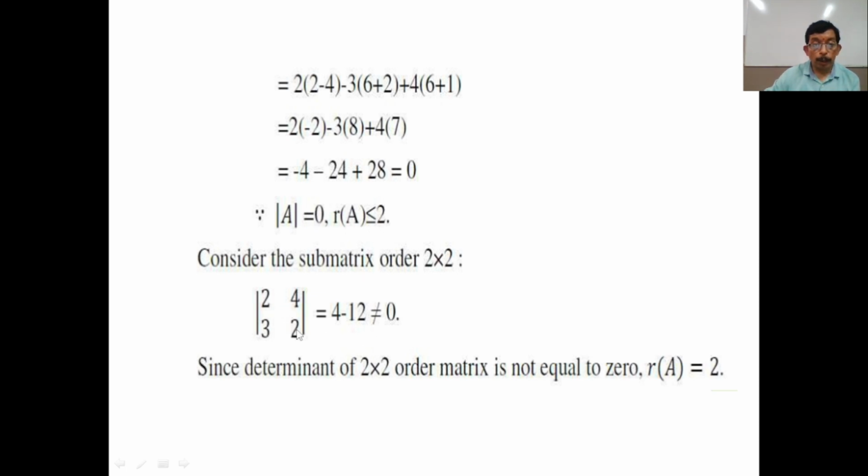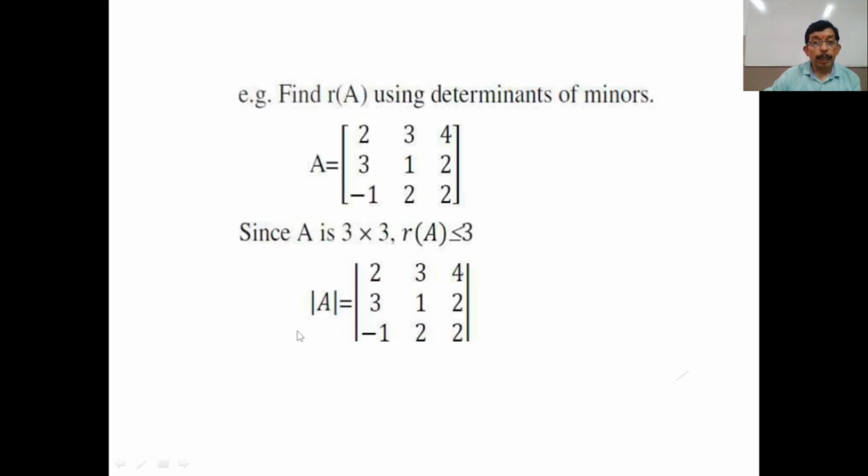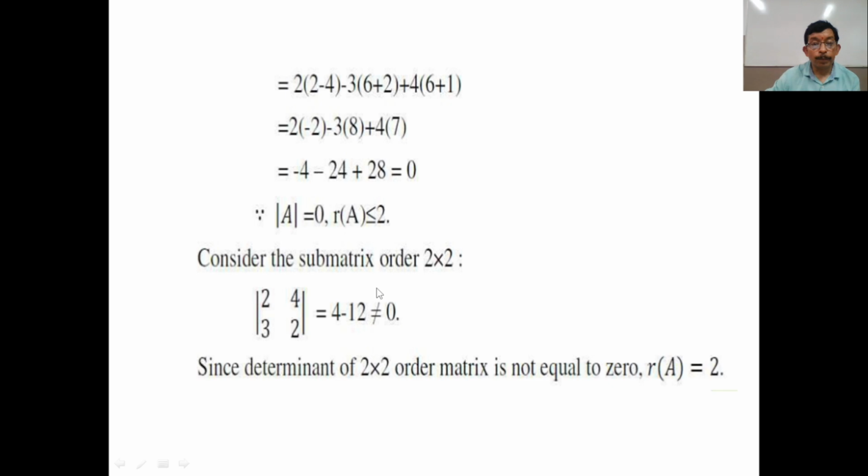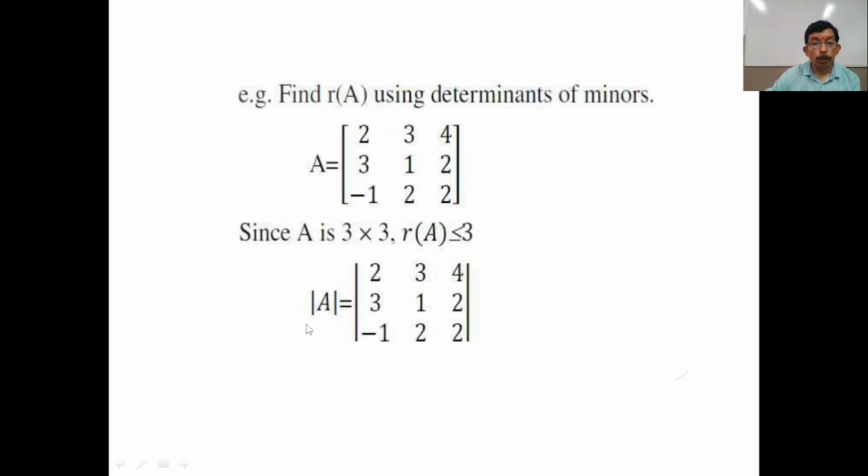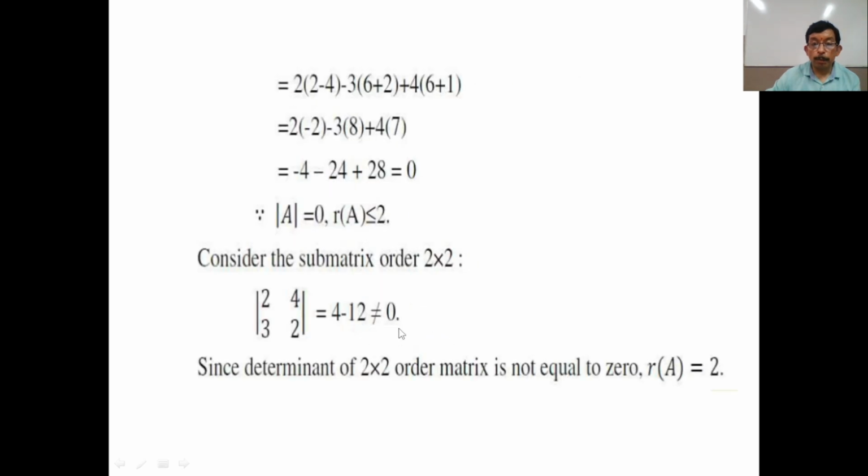Now we calculate the 2 by 2 order determinant value. For the 2 by 2 order determinant, we take a 2 by 2 submatrix from the given matrix, with entries 2, 4, 3, 2. Then if the value of the determinant is non-zero, then the order of the matrix is 2, and the rank is 2. Is it clear, everyone?